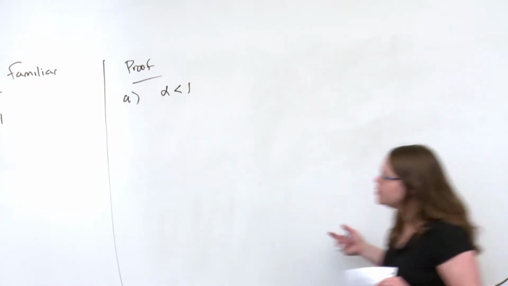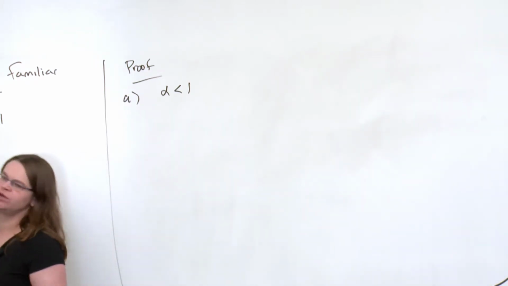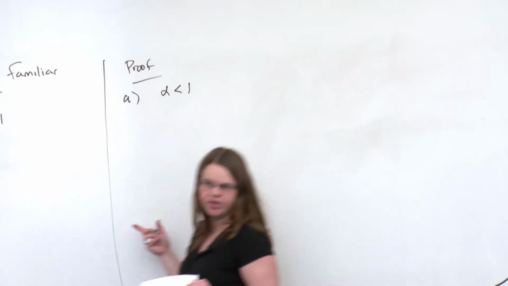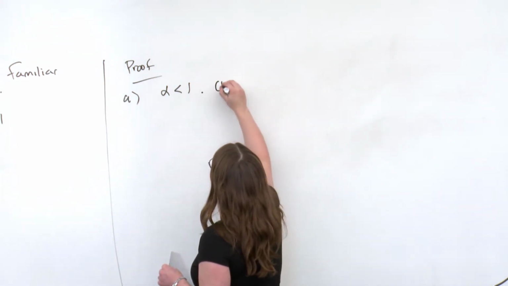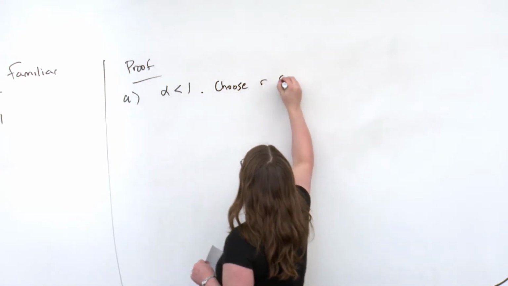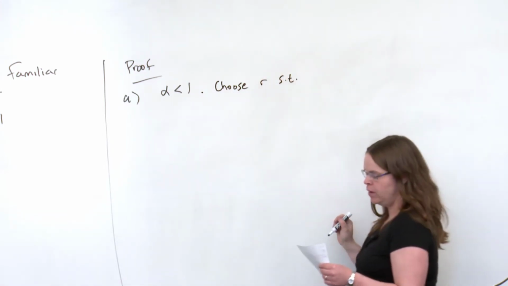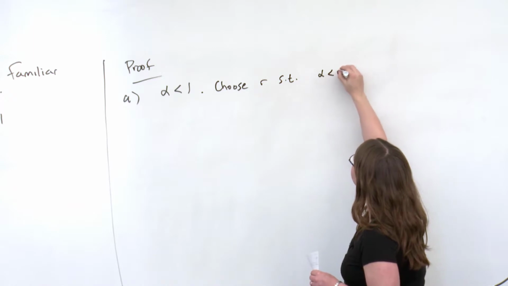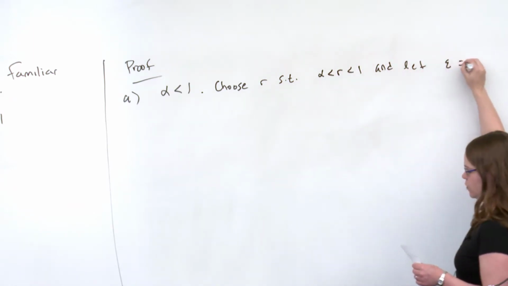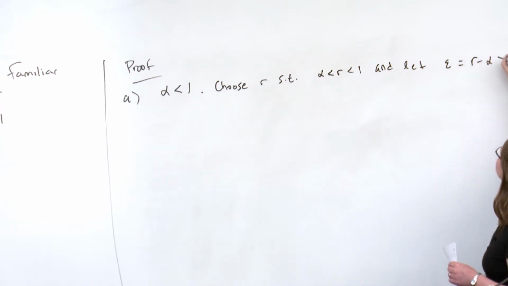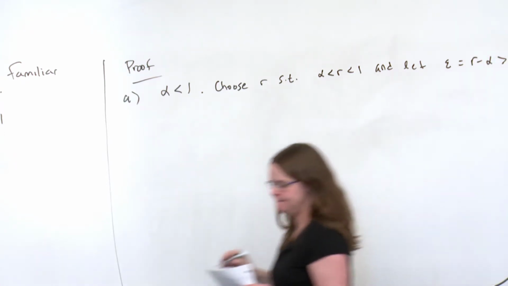We know we're playing with the definition of the limit superior, so we should have an epsilon. I'm going to pick it exactly the same way I did before. Let's choose some r that lives between alpha and 1, and let epsilon equal the difference between r and alpha. Same as the last time.